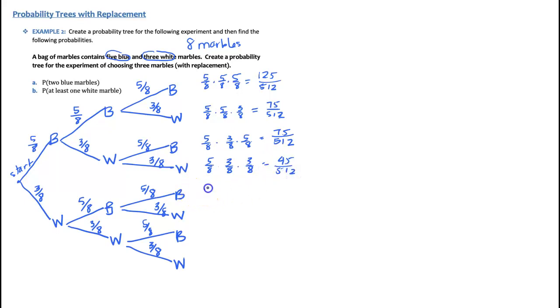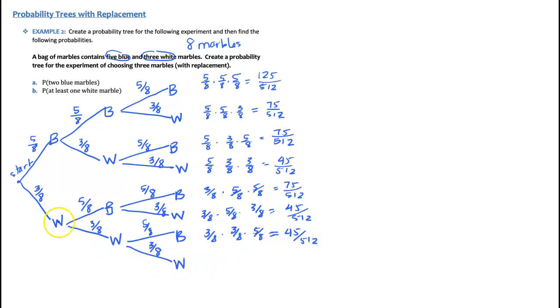The fifth branch, 3/8 times 5/8 times 5/8, representing white, blue, blue, would give us a total of 75 out of 512. The sixth branch, 3/8 times 5/8 times 3/8, is 45 out of 512. The seventh branch, we have white, white, blue, or 3/8 times 3/8 times 5/8, for another total of 45 out of 512.